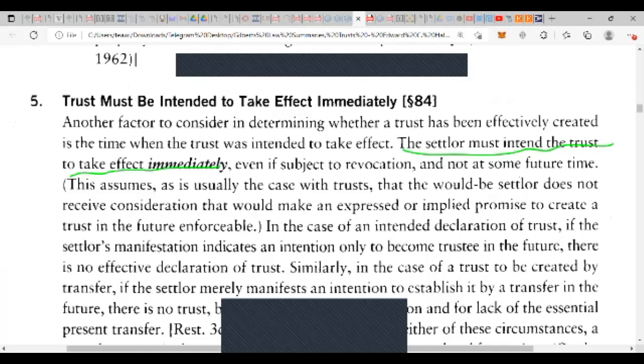The settler must intend the trust to take effect immediately, even if subject to revocation, and not at some future time. This assumes, as is usually the case with trusts, that the would-be settler does not receive consideration that would make an express or implied promise to create a trust in the future enforceable.